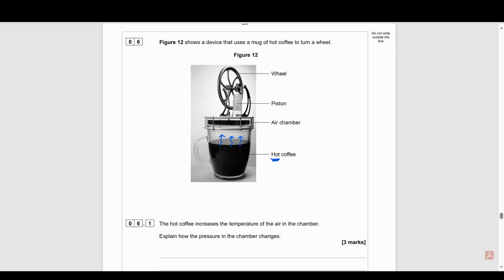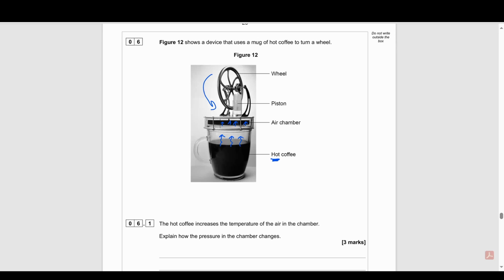What that would then do is cause the chamber to start increasing in its temperature, and then that will cause the piston to move, which will cause the wheel to start rotating. So the particles moving is the reason why the pressure is going to be changing.